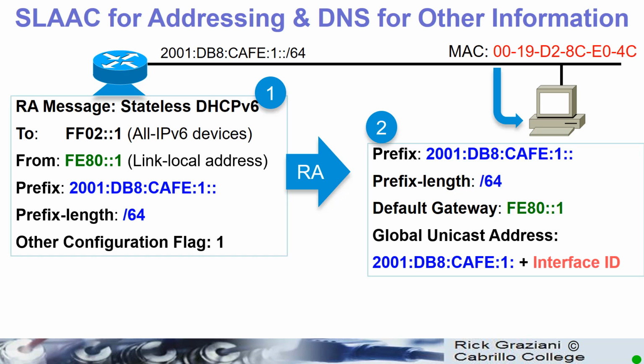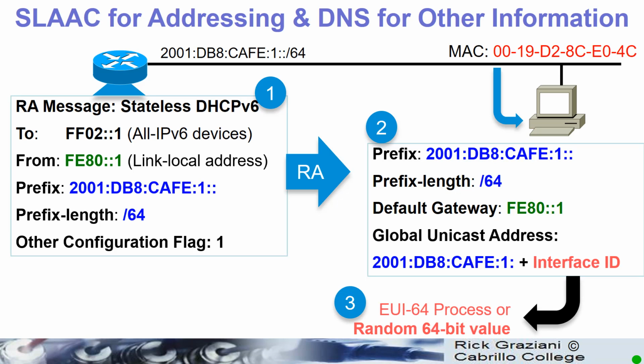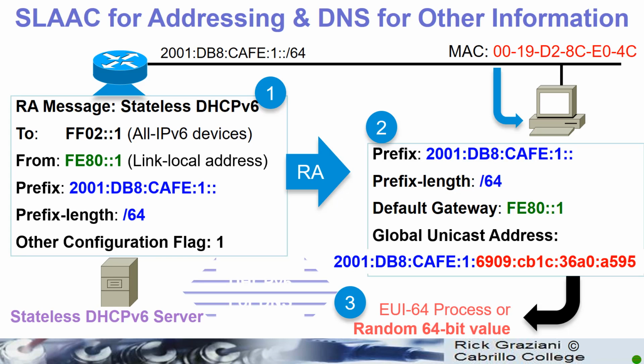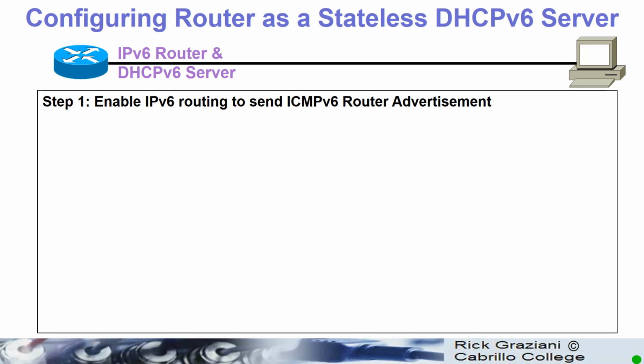Global unicast address is going to be the prefix plus interface ID. It will use the EUI-64 process or a random 64-bit value for that interface ID. But in reality, for what we're doing, it will pick up the appropriate options. The other configuration flag, when it's set to 1, will also query the stateless DHCP server for DNS.